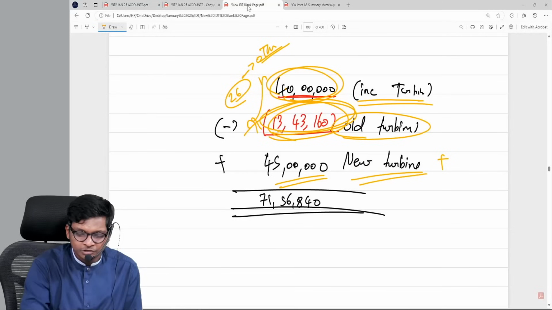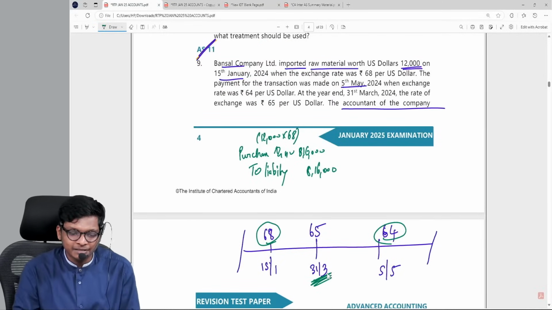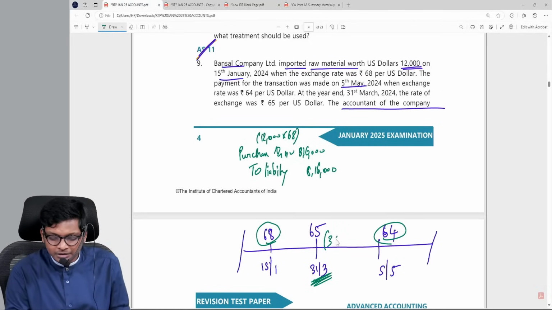Clear? So here what I will do, on 31st March I have to restate. So how much I am saving, guys? 3 rupees per dollar I am saving. 3 into 12,000 is how much? 36,000 rupees I have saved.